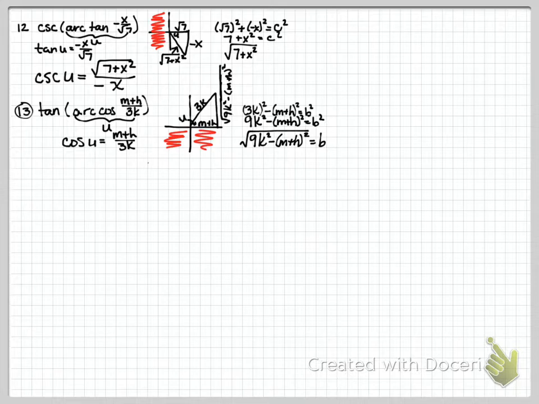Now we're going to do the tangent. So the tangent of u is going to give that opposite side, which is the square root of 9k squared minus m plus h squared.